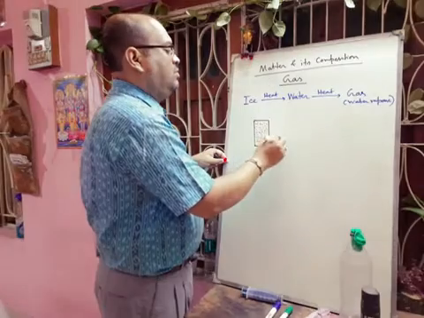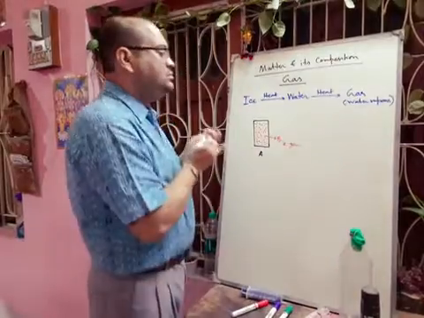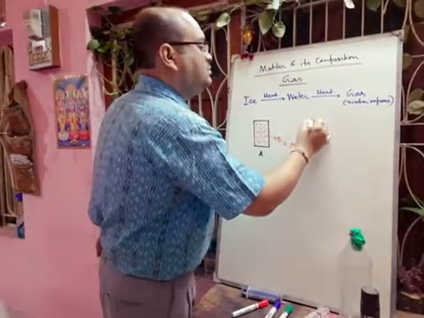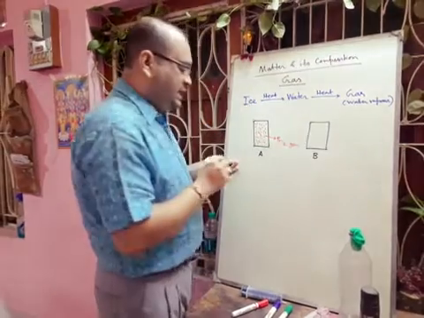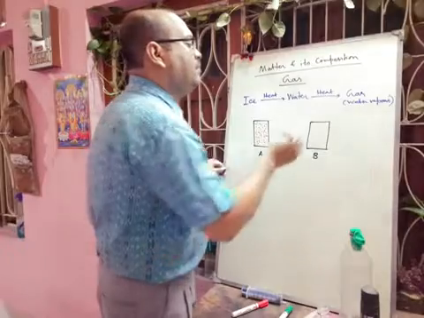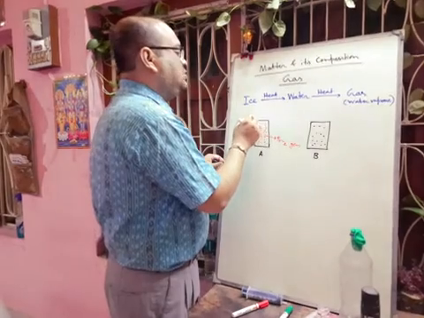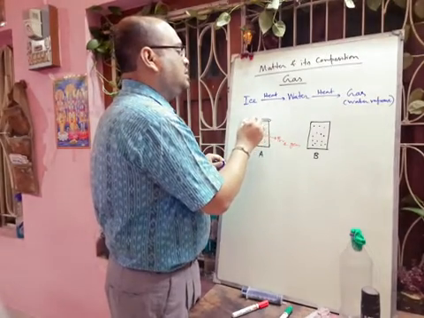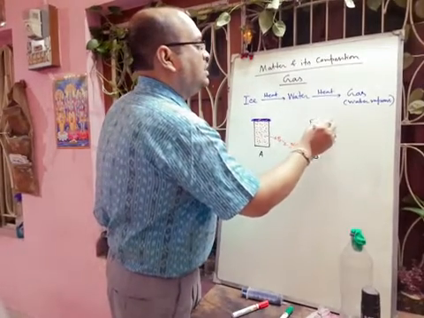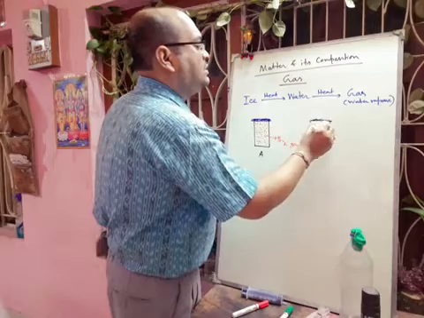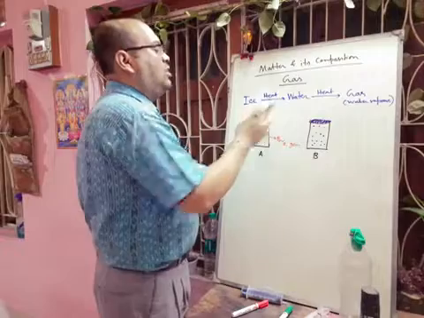And another jar B has air inside. Above these two there is one disc made of glass, so that the bromine vapors cannot go out.